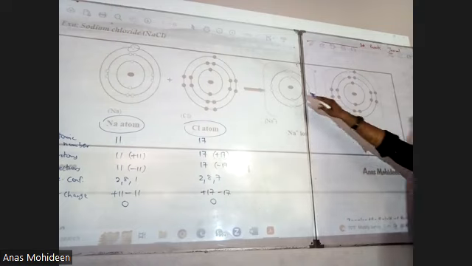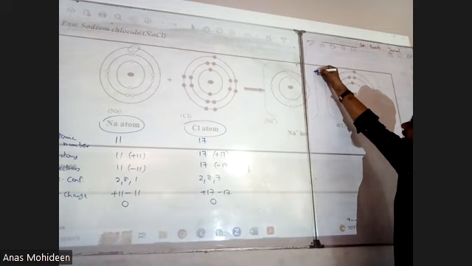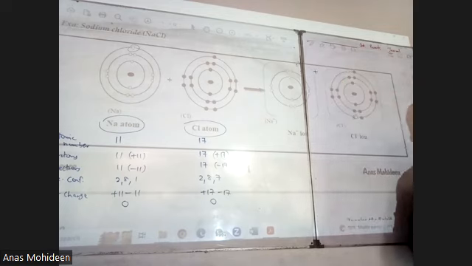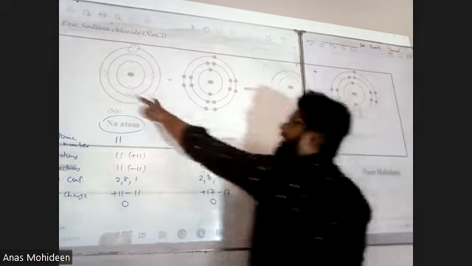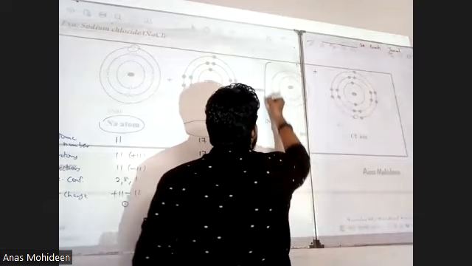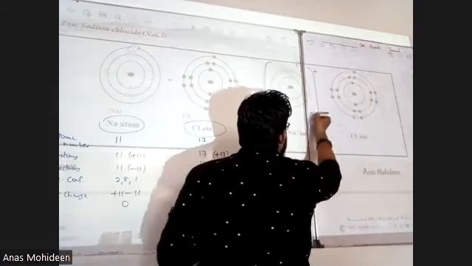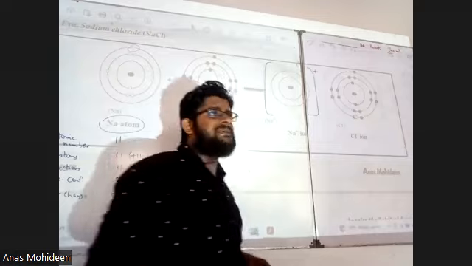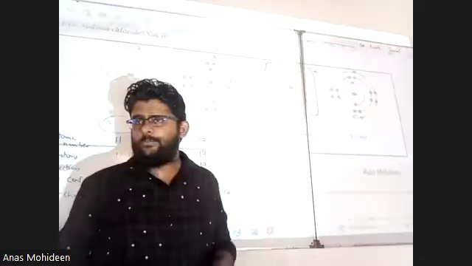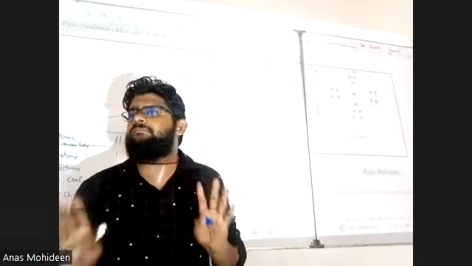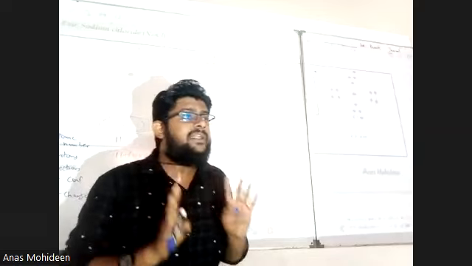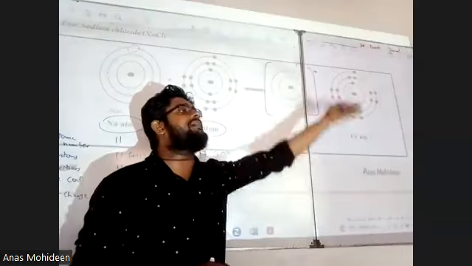So since sodium has removed 1 electron, it is obtaining a plus 1 charge. You can see the difference now. Earlier only the energy level was shown. Now there is a box bracket and it is showing you plus. Why plus? It is an ion now. It is not a neutral atom because it has removed 1 electron.